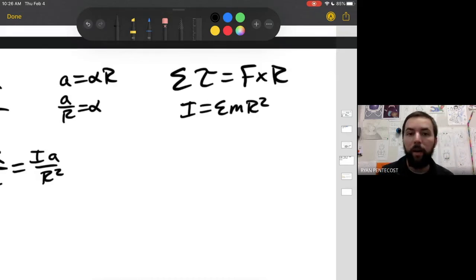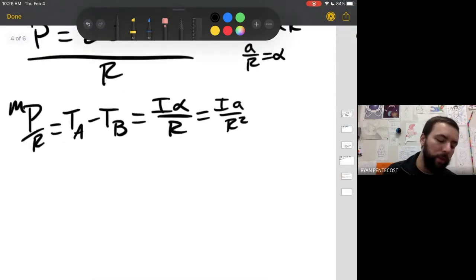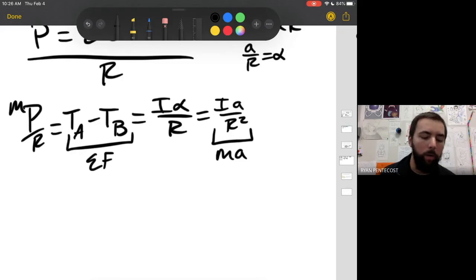If you divide I by R squared, you're basically getting the summation of mass. So if this is a summation of force right here, this is essentially MA, all by dividing and manipulating. Divide by R and then manipulate your alpha to become linear A.